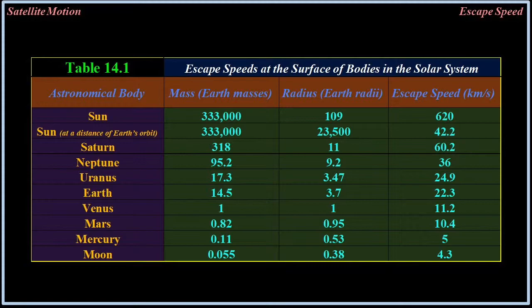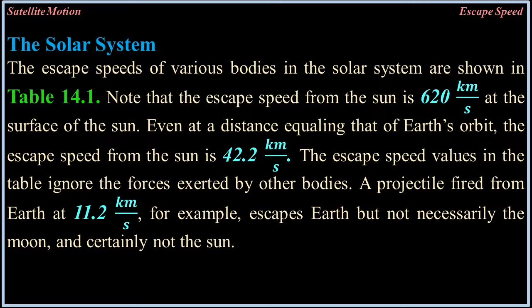Even at a distance equaling that of Earth's orbit, the escape speed from the Sun is 42.2 kilometers per second. The escape speed values in the table ignore the forces exerted by other bodies. A projectile fired from Earth at 11.2 kilometers per second, for example, escapes Earth, but not necessarily the Moon, and certainly not the Sun.